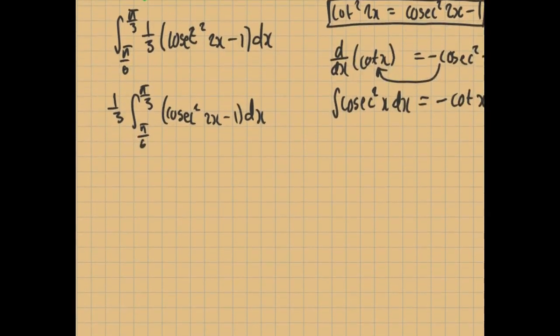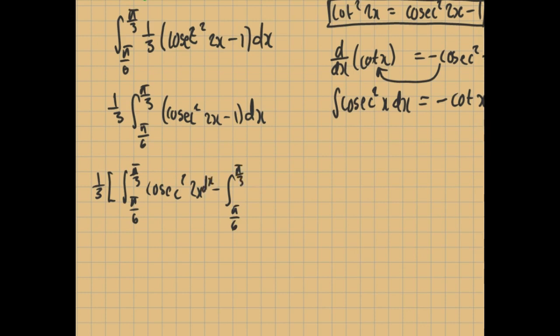And I can split them up now. That means 1/3 multiplies the integral from pi over 6 to pi over 3 of cosec squared 2x with respect to x, never forget that, minus the integral from pi over 6 to pi over 3 of 1 with respect to x.